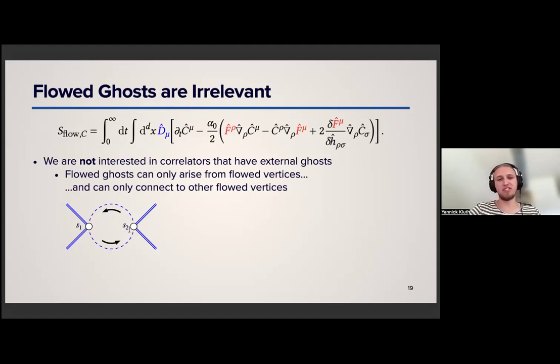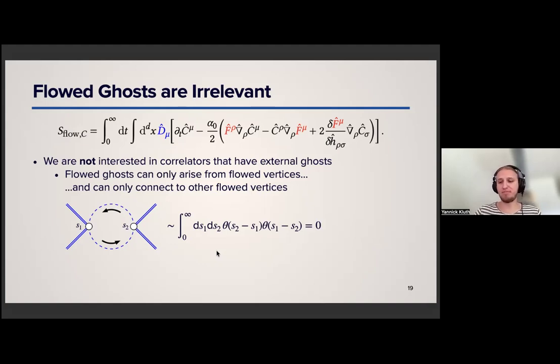And while these two vertices here come with integrals over the flow time parameters S1 and S2, simply because this comes from the flow action, we see that this whole subdiagram must be proportional to a structure like this, where we have the integration over S1 and S2 and two Heaviside functions, which force on the one hand S1 to be bigger than S2 and S1 also the other way around. And so because of this, we can see that this flow ghost loop actually vanishes.